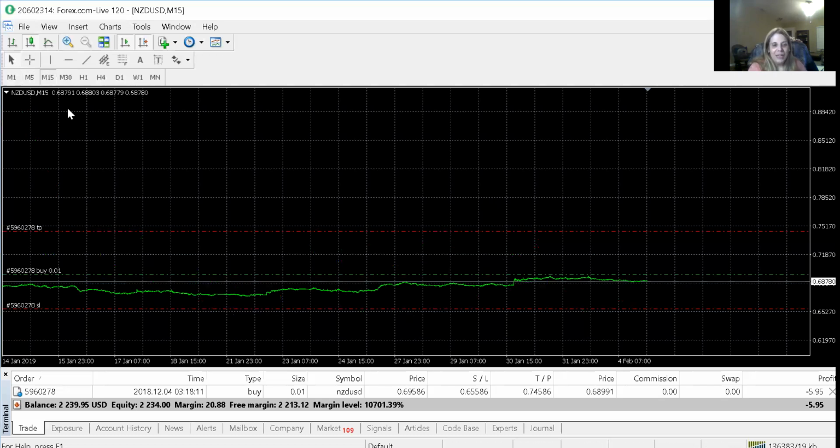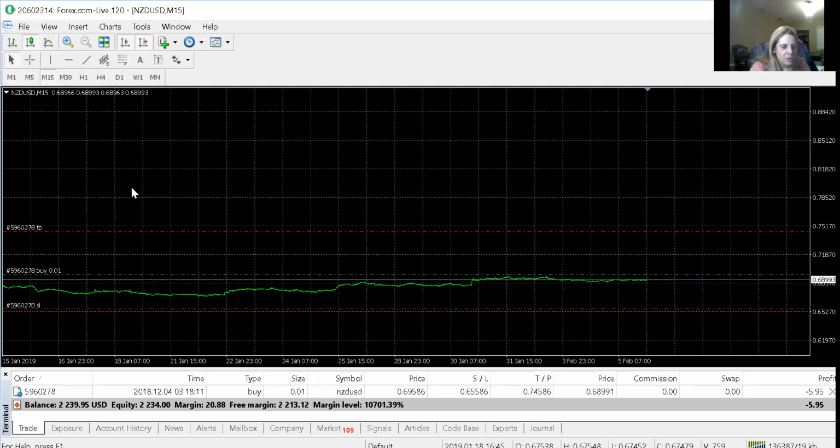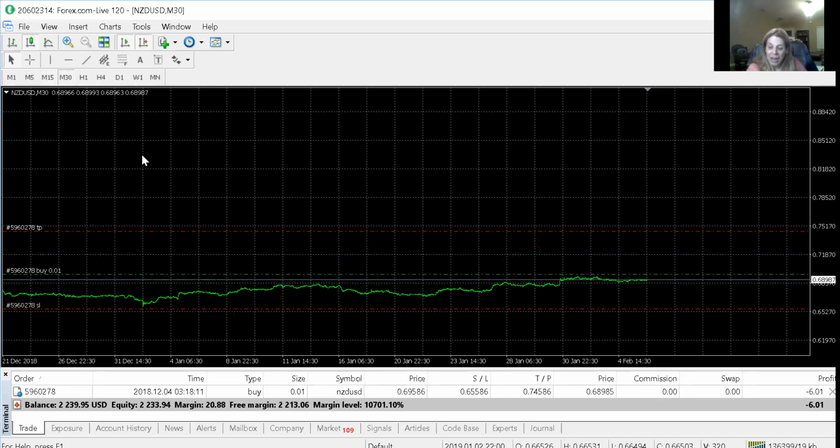The 15-minute time chart goes back to January 15th, and I'm not comfortable with only 4 to 6 weeks of information. It's not enough time. Going into the 30-minute time chart, it goes back to December 21st, and it's a little further.